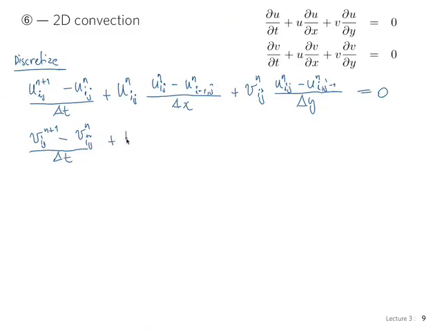We're almost there. u^n_ij, u^n, not v, it's v here, the derivative of v, v^n_ij minus v^n_i-1,j over delta x, v again here, v^n_ij minus v^n_i,j-1 over delta y.